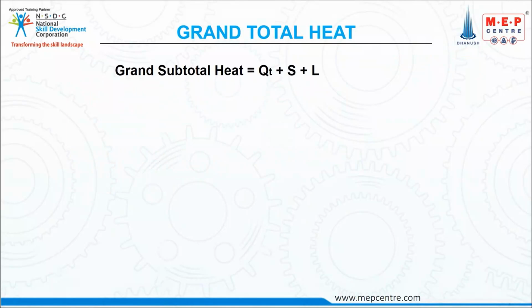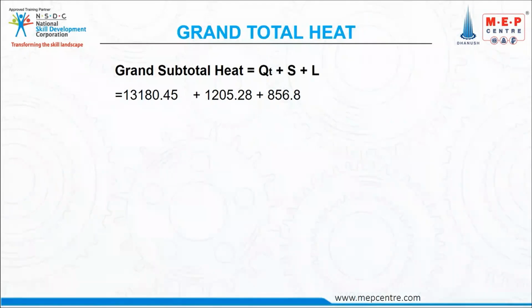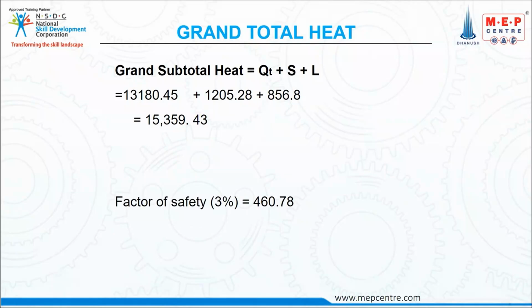Therefore, grand subtotal equals QT plus S plus L, which is 13180.45 plus 1205.28 plus 856.8, which equals 15359.43 BTU per hour.